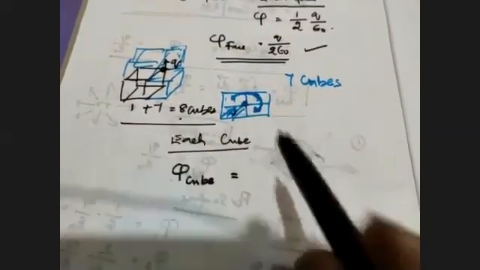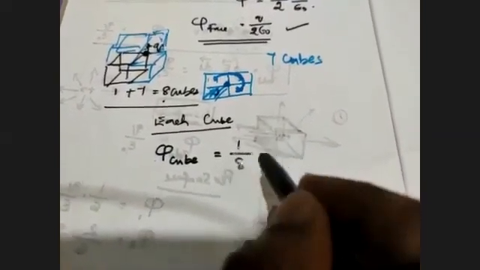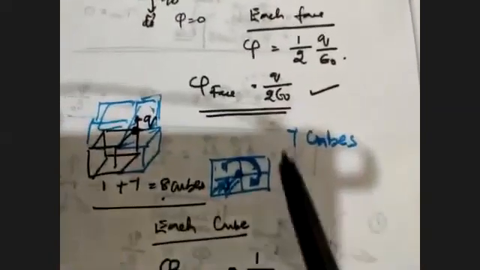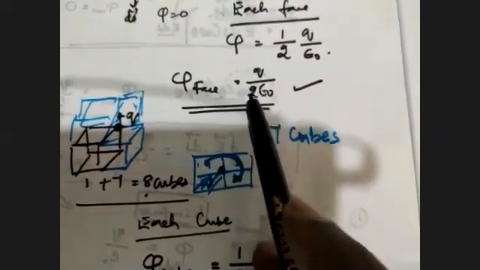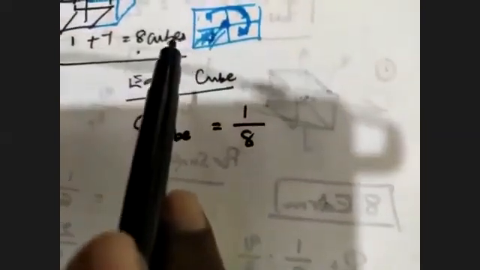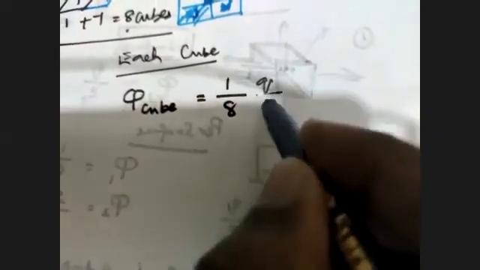From each cube means we have to select 1 cube among 8. Right? I think you understood. Here also see, 2 surfaces are there. Each face means 1 among 2. Like that we have selected. Here total 8 cubes are there. Each cube asked, so from total 8, 1 we have to select, 1 by 8. And charge per epsilon, 1 cube.